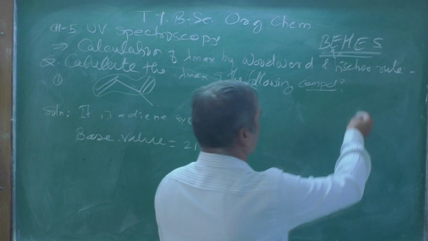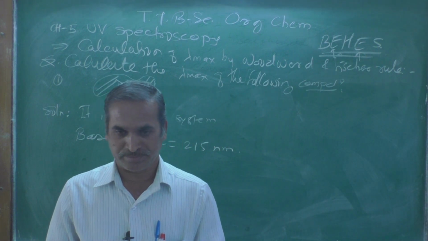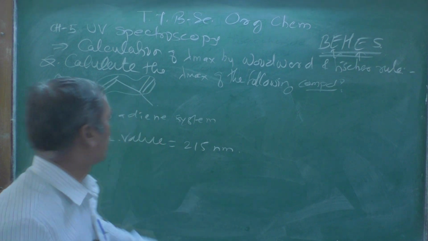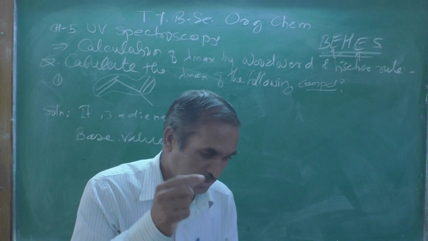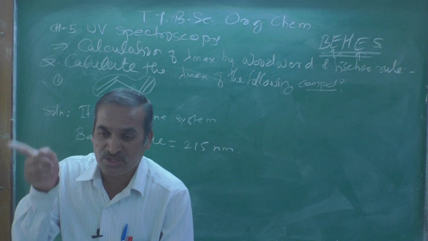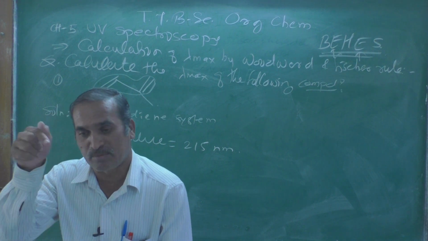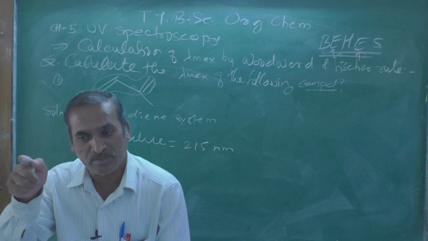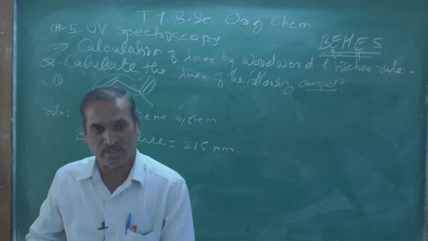Then the second E stands for extended conjugation. First, put your hand on that diene system. Along with that diene system, see if there is any extra double bond. If that extra double bond is in conjugation, then it is counted.